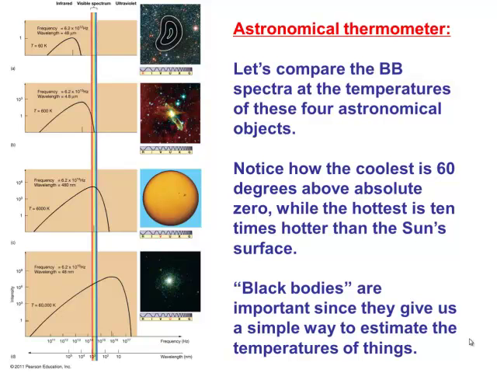So just take a look at these graphs and understand how the blackbody curve is shifting towards the left as the temperature is increasing. As that is taking place, the peak wavelength is decreasing.